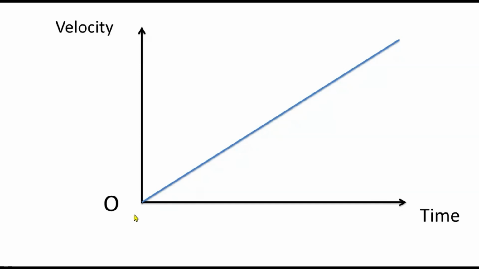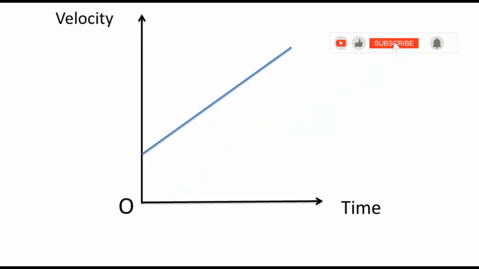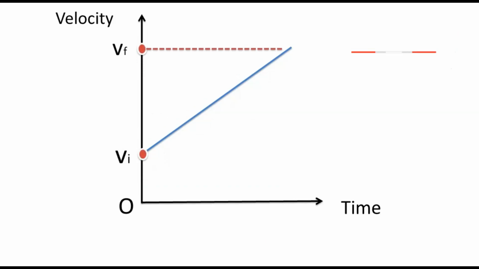And because the acceleration is constant, the velocity time graph is a straight line. However, if the initial velocity of the car is not 0, it is some value of Vi, the graph will look like this. Here you can see the initial velocity denoted by Vi and the final velocity denoted by Vf.